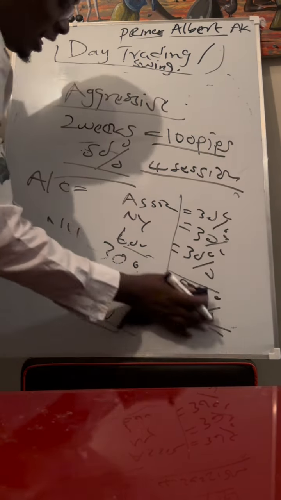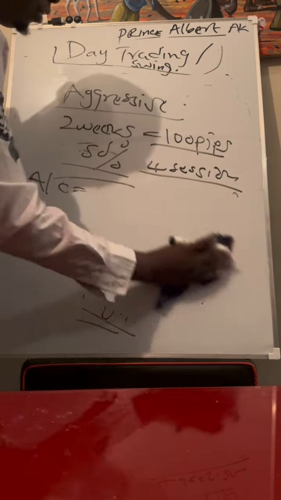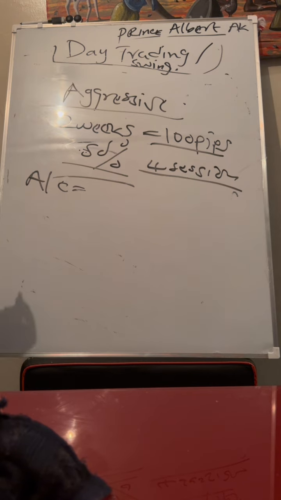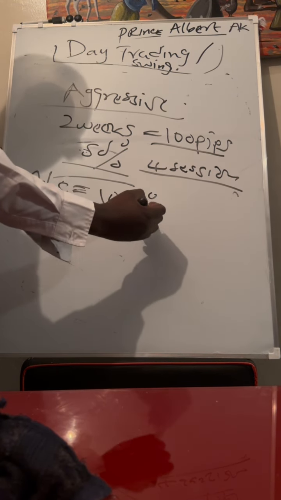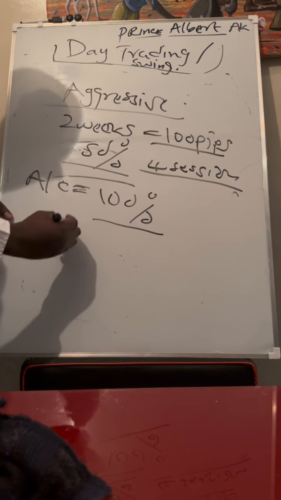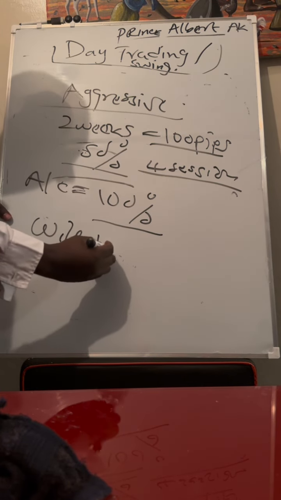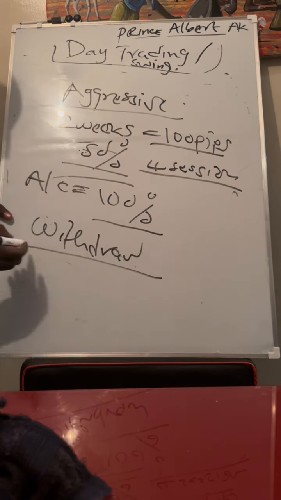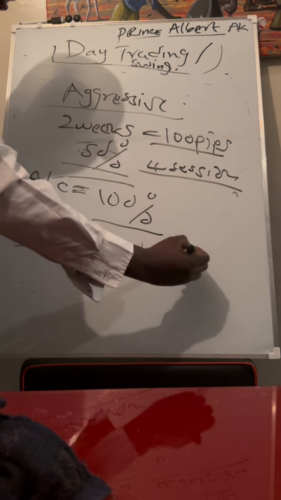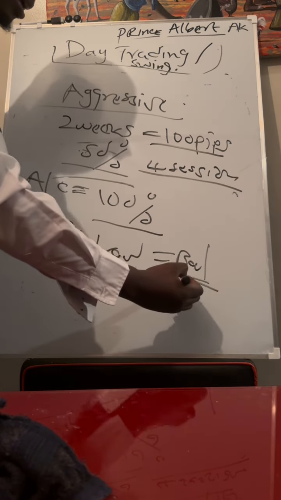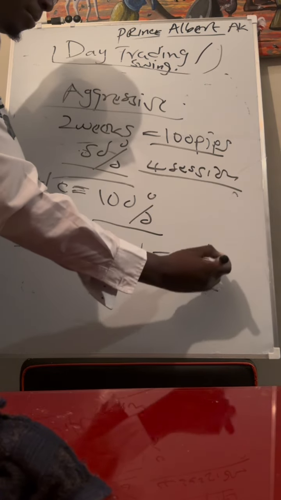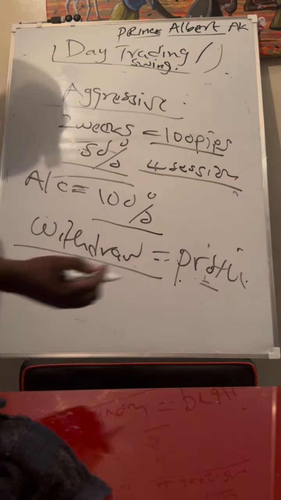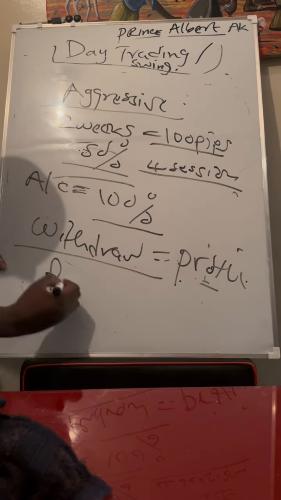So when your account grows to 100%, first thing, withdraw. Not all the balance, withdraw profit. Once you withdraw profit, now you are trading risk free.